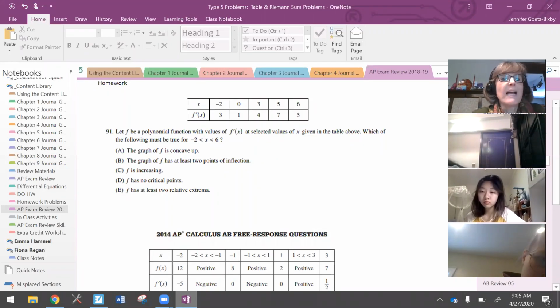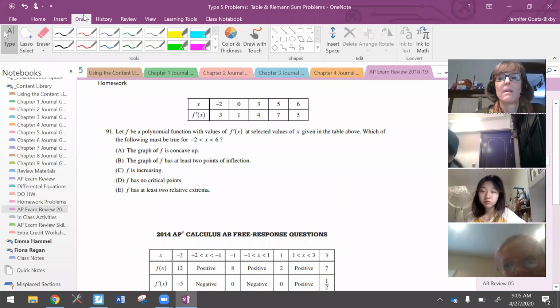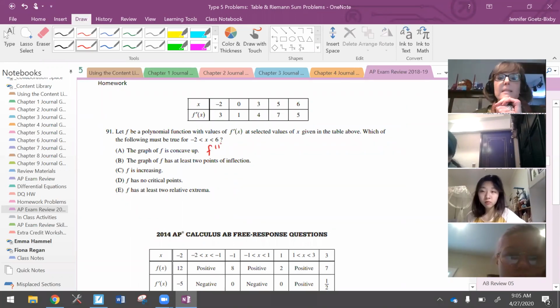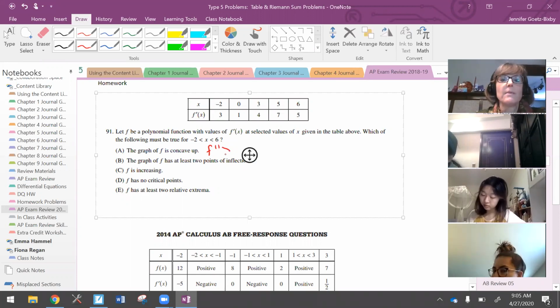So the graph is concave up. That means what about f double prime? F double prime has to be what? Greater than 0.